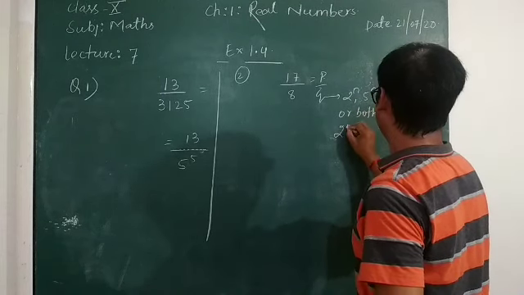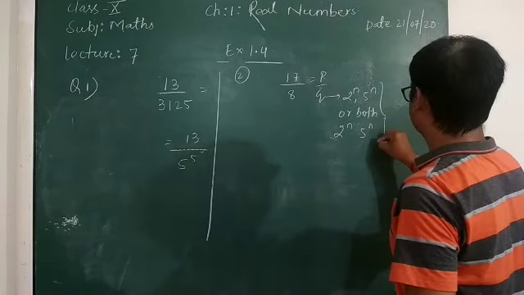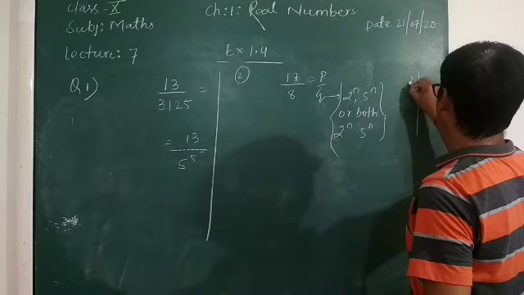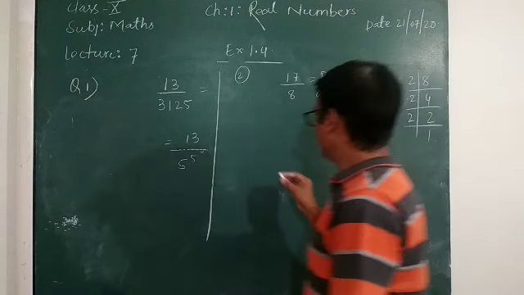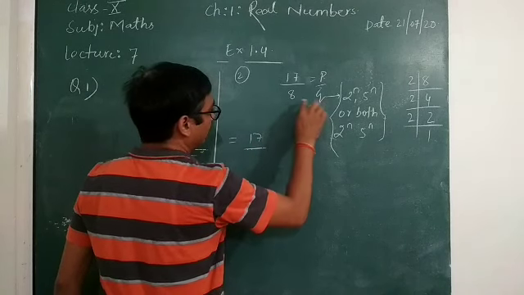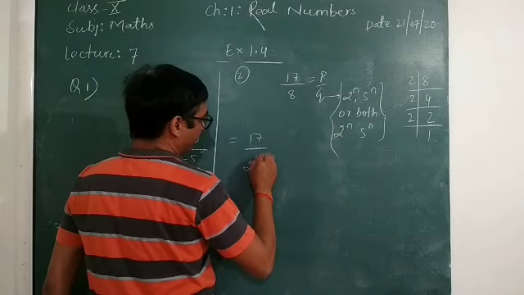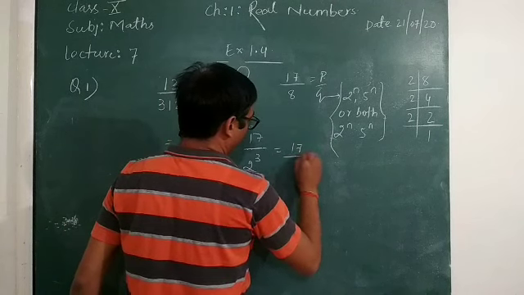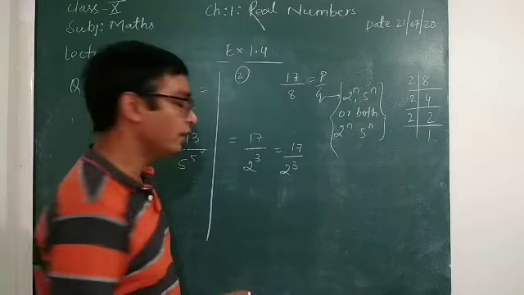If this is satisfied, we can take out prime factors of 8: 2, 2, 2. So 8 can be written as 2 raised to power 3. So 17 upon 2 raised to power 3. So it is a terminating number.